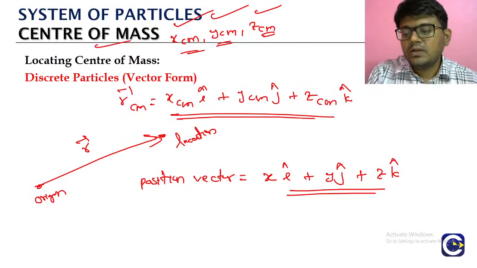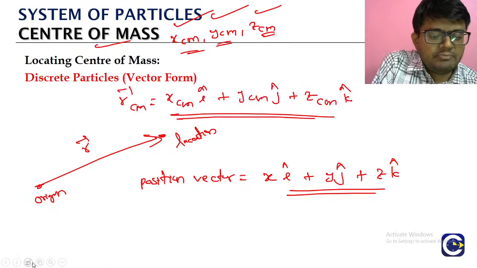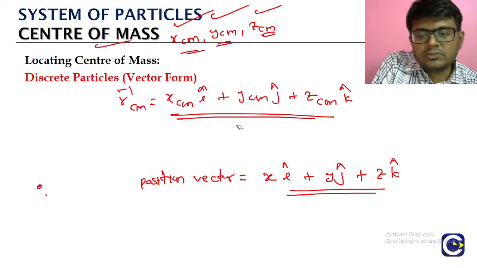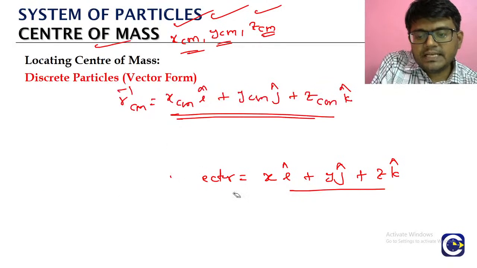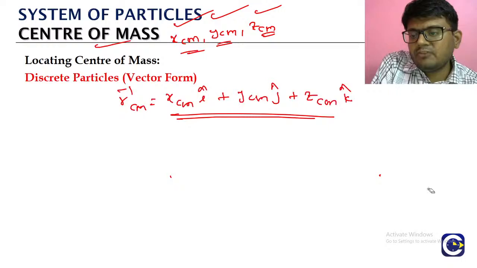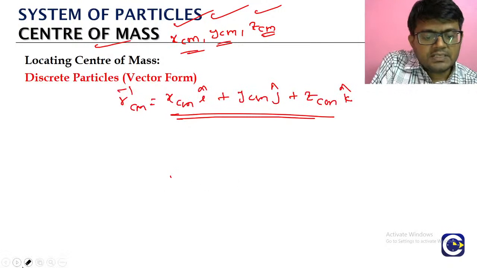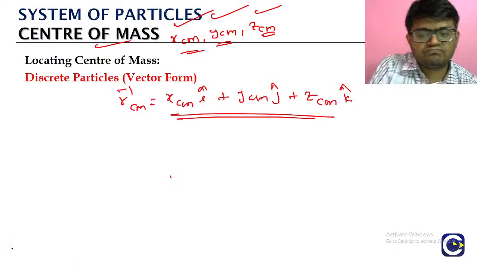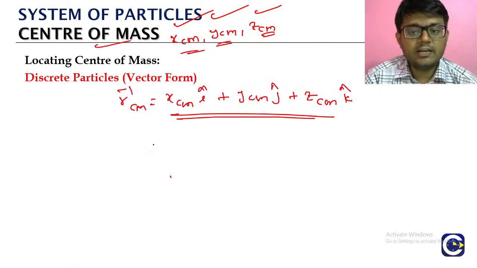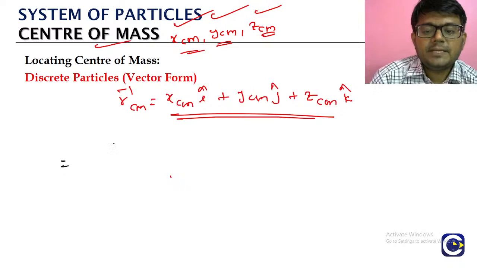Look at this. What is the center of mass position vector? It will be x center of mass into i, then y center of mass into j, then z center of mass into k. So we'll just do a little bit of rearrangement.